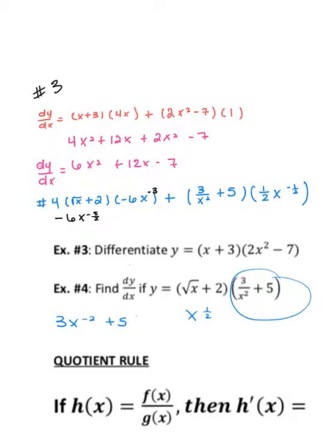Okay, so I'm just multiplying straight through here. Negative 6x to the negative 5/2 minus 12x to the negative 3 plus 3/2 x to the negative 5/2. And this is just algebra. This is nothing new. You have fractions in your exponents.